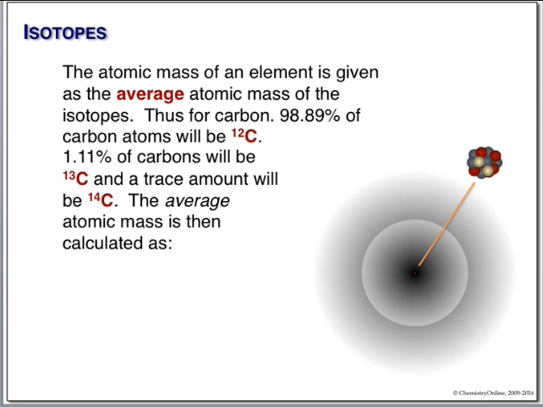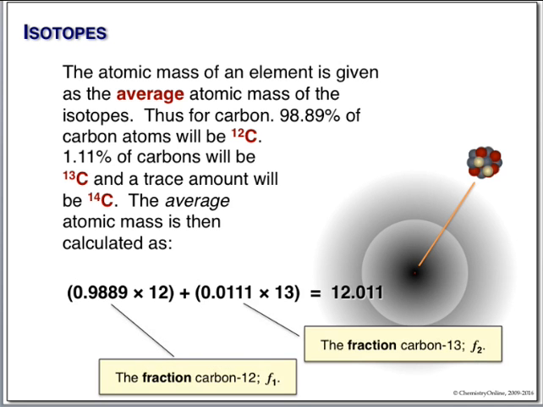Because all of these isotopes have different masses, it's important that we know the distribution so we can calculate the average mass of carbon. You do that by this simple equation. We convert the percentage to a fraction and multiply it by the mass. I didn't put 14 in here because it's too small.